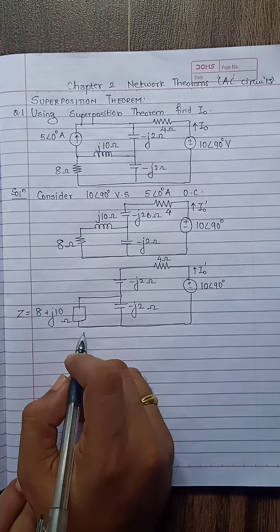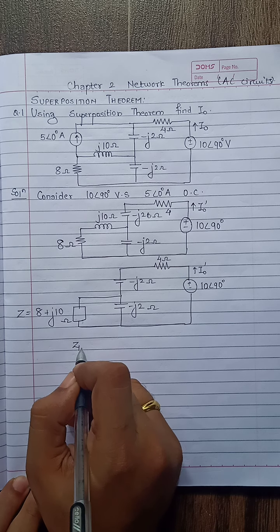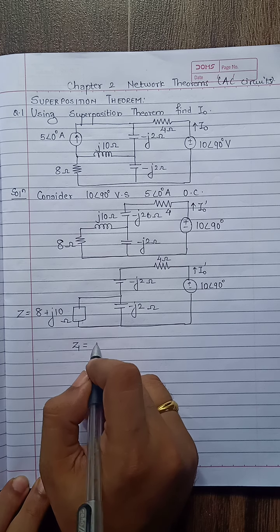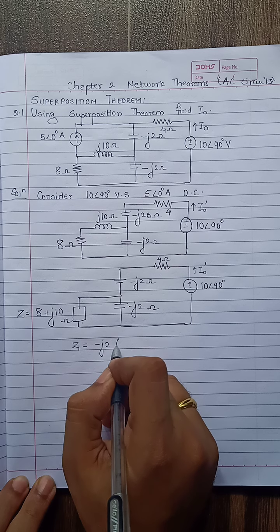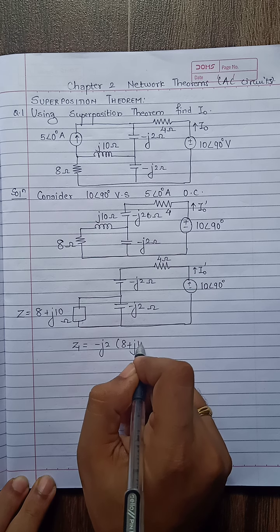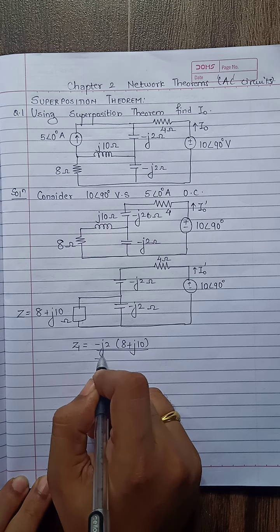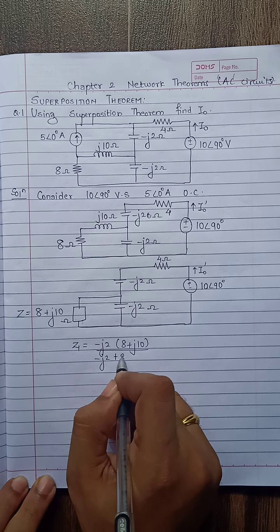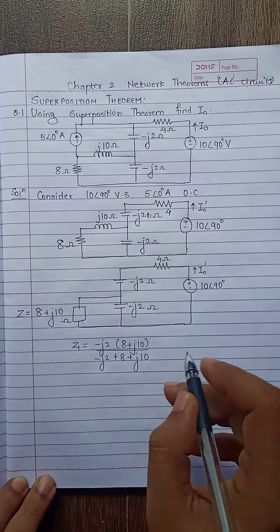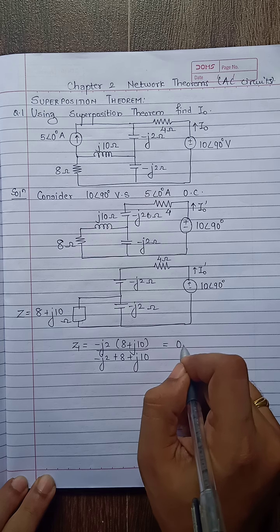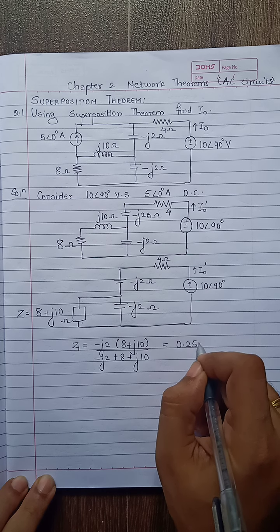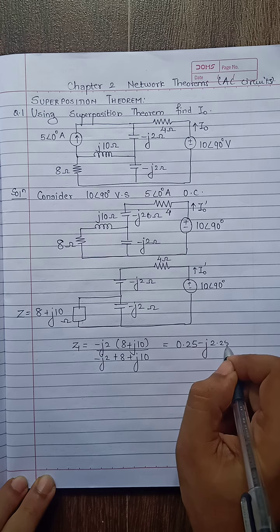So I can find a total, say Z1, which will be minus J2 into 8 plus J10 upon minus J2 plus 8 plus J10. On simplification you will get it as 0.25 minus J2.25 ohms.